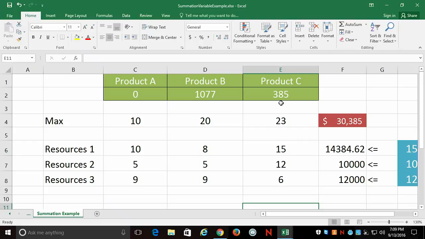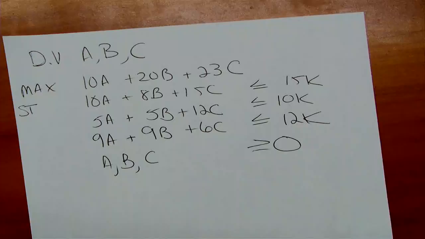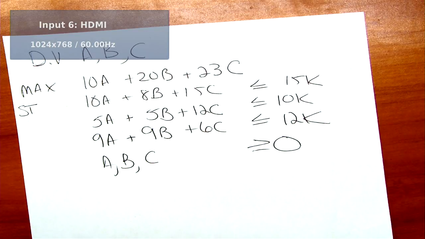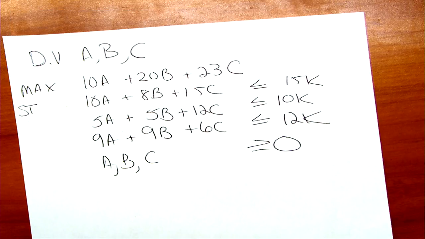Well, the solution to that is we have to create something different called a summation variable. Okay, and I want to do it on paper first, and then we'll move it over into Excel world. So let's go to our model that I wrote on paper, and this looks all well and good, but I know that marketing has said every product has to have at least 10%.